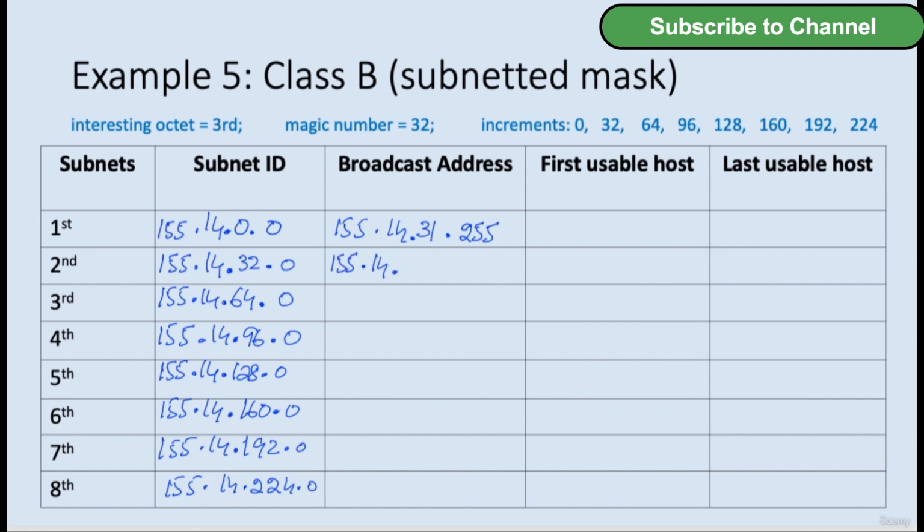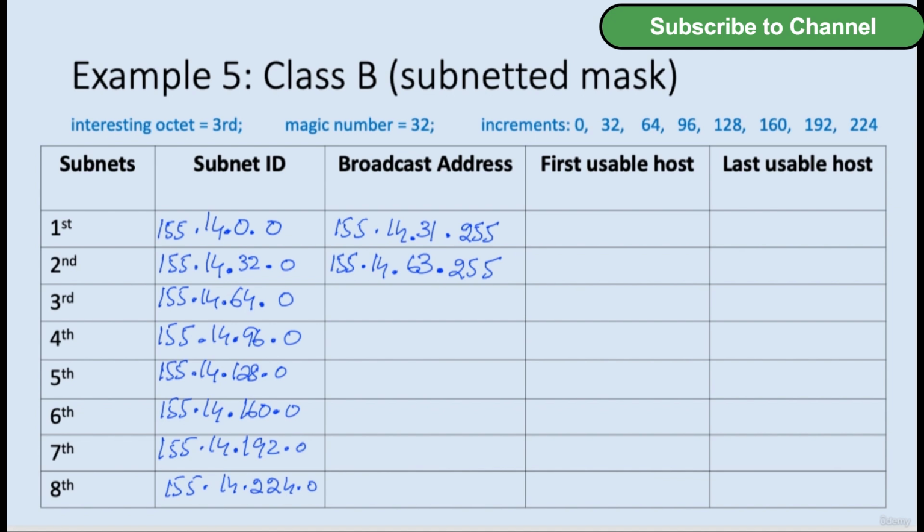And then the next one, 155.14, and the subnet ID's interesting octet has value 32, to which I will add the 31. The value will become 63. Any octet present after the interesting octet will become 255. Again, we see the magic number. Magic number is 32 here, so we will use the value 31. Where will we use it?